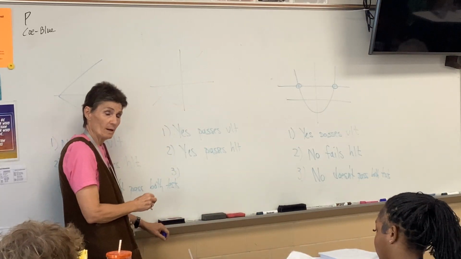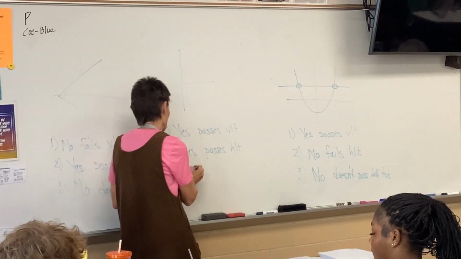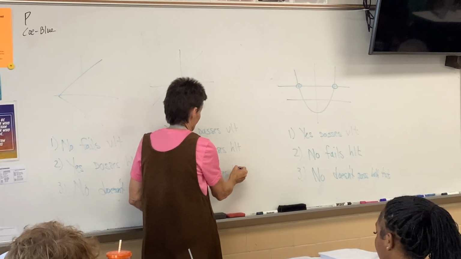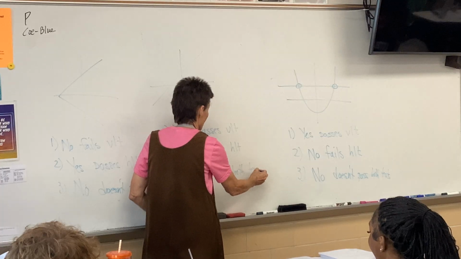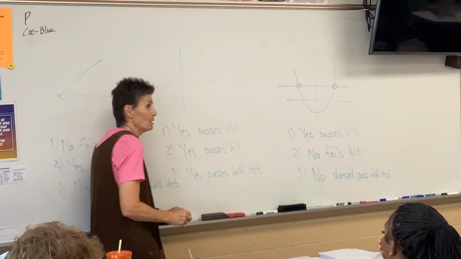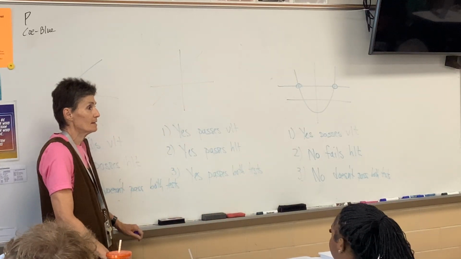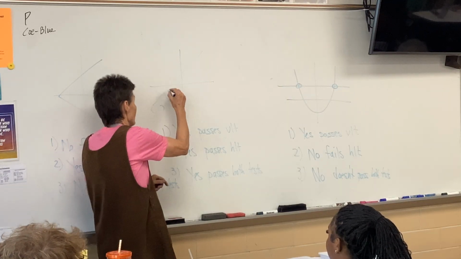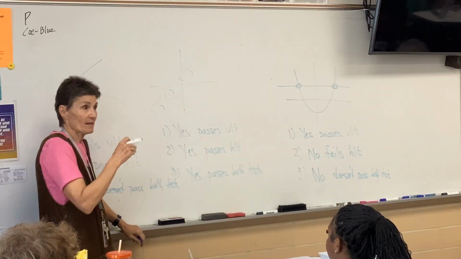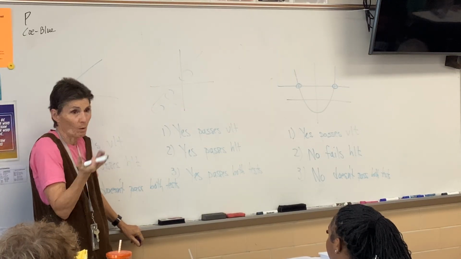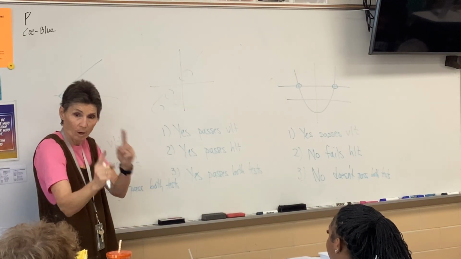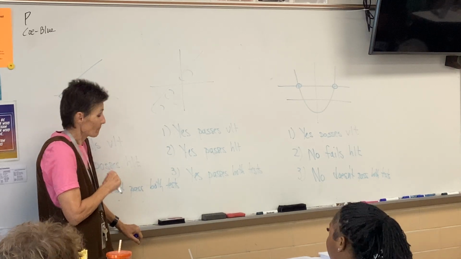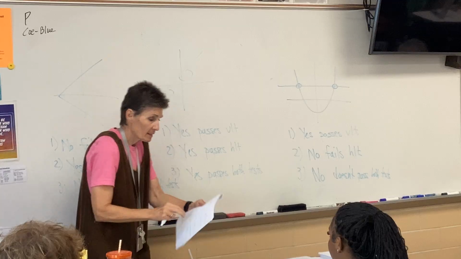Therefore, is it 1-to-1? Yes, because it passes both tests. And what 1-to-1 means is, if you built all the ordered pairs, like all the points on this thing, none of the x's would repeat and none of the y's would repeat. It's a 1-to-1 relationship. All right, well, that's pretty easy. Let's see what's next.